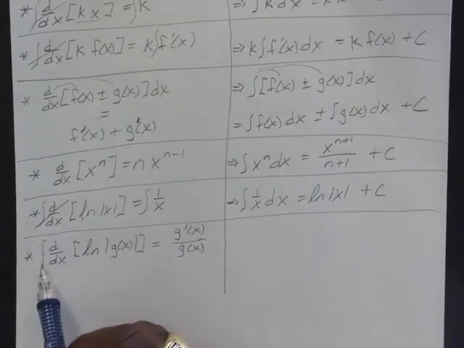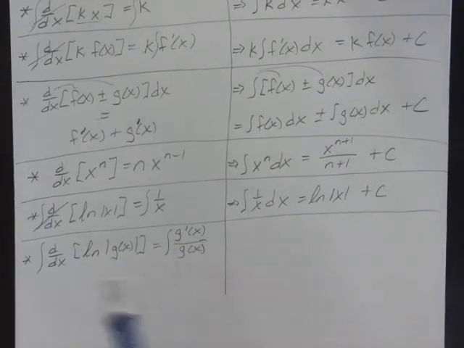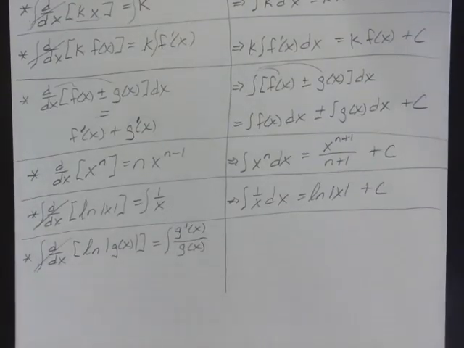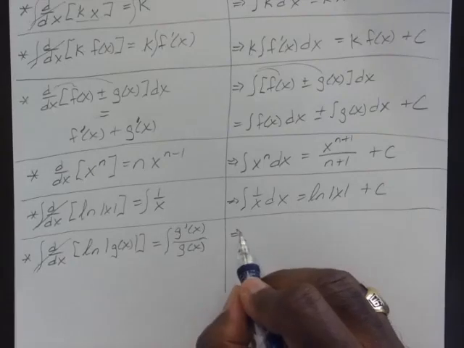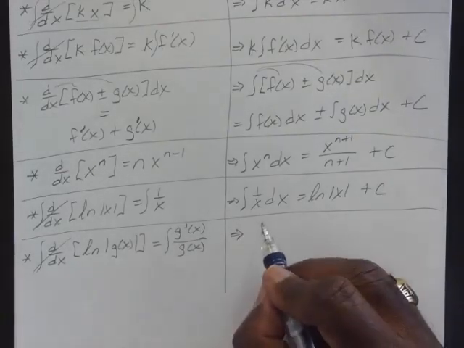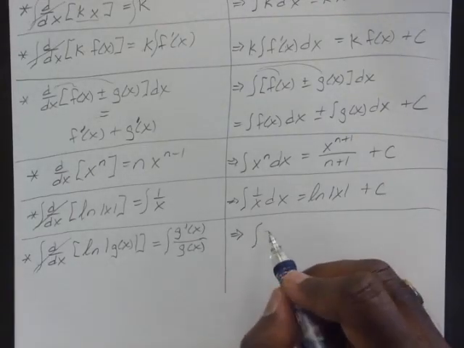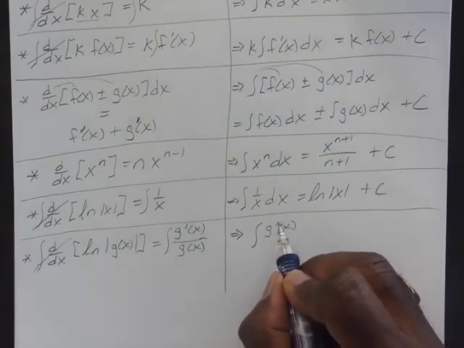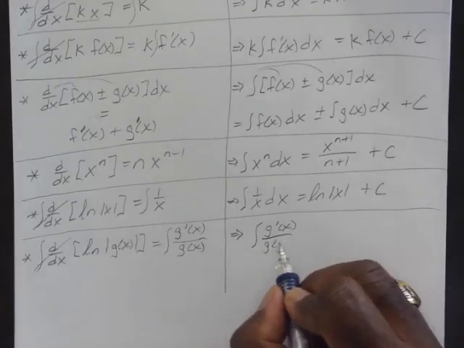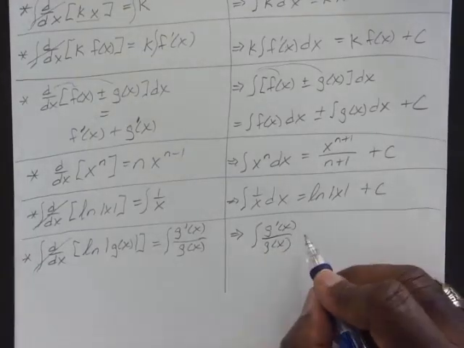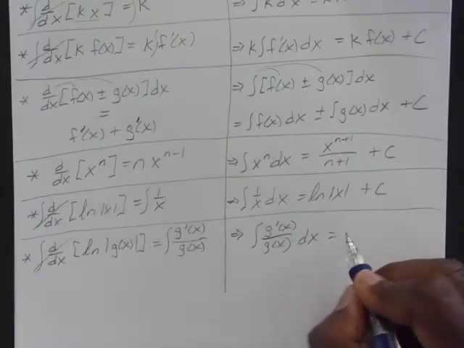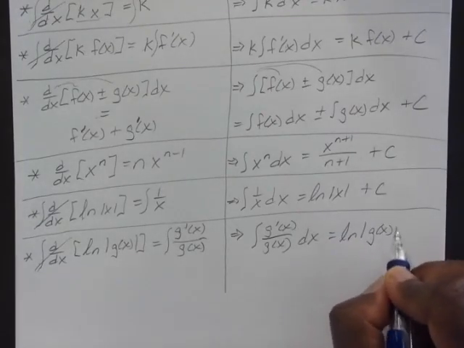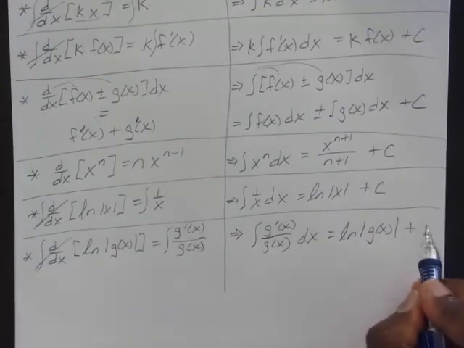So if we take the antiderivative of both sides, we know the derivative and antiderivative cancel each other out. So that lets us know that the antiderivative of g prime of x divided by g of x with respect to x is equal to the natural log of that function g of x plus c.